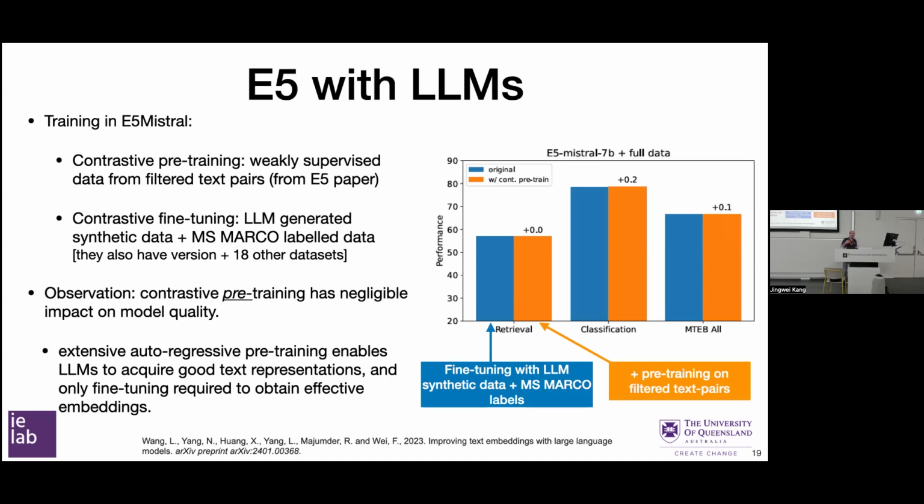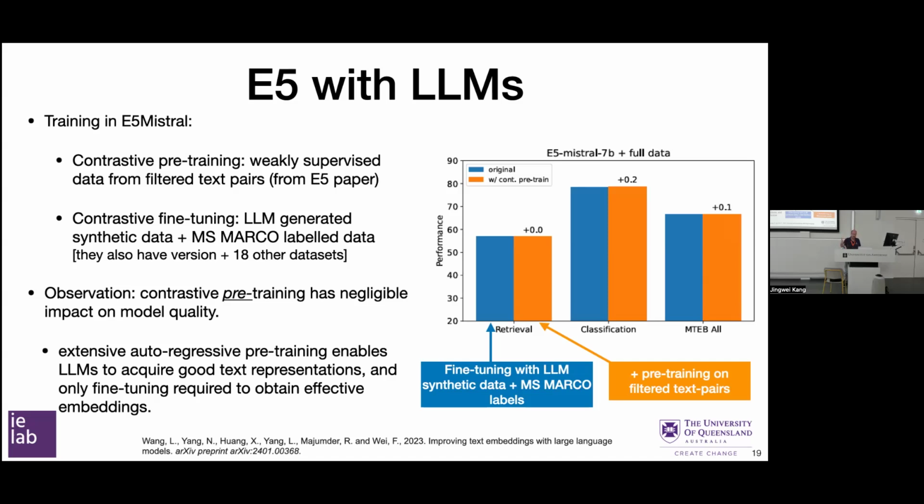So what you start observing from this model is that when you move away from the previous generation encoder-only model, and move into these auto-regressively trained LLMs, you start getting a different power in the representation they can create, and you need to do fewer tricks to get them to perform well, right? In particular, you don't need to do that contrastive pre-training anymore.